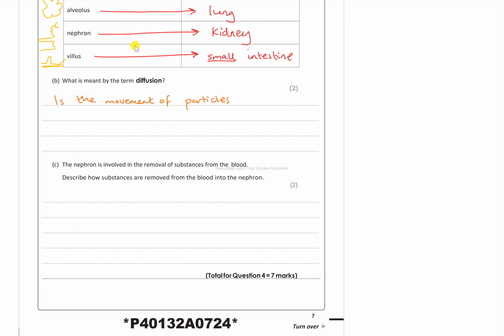Particles from an area of high concentration to an area of low concentration. Right, through a partially permeable membrane. No, it doesn't have to be through a partially permeable membrane because it's talking about just diffusion.